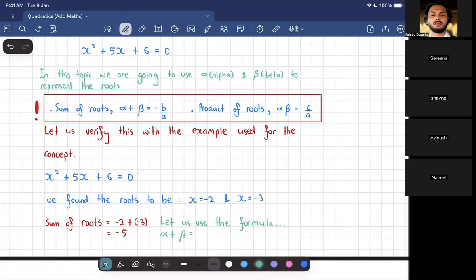Guys, if you're looking at this, what would a, b, and c be? Nabil, what would a, b, and c be for this? A will be 1, b will be 5, and c will be 6.